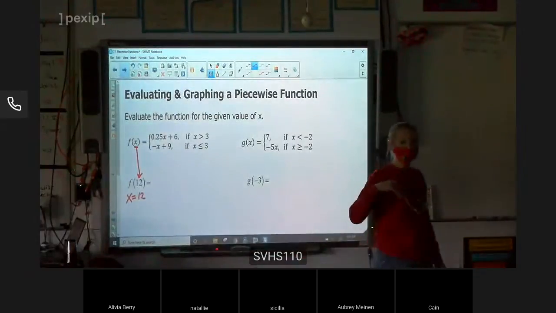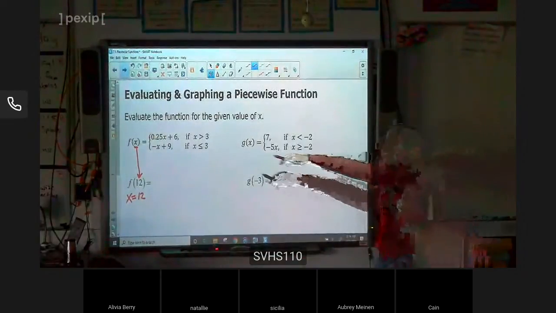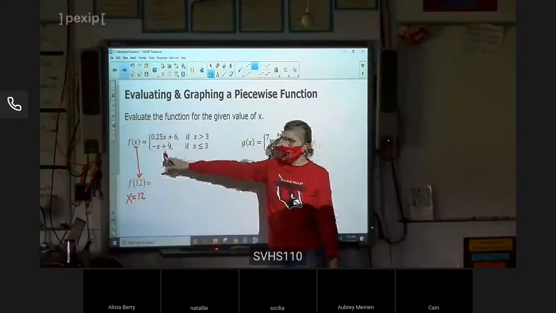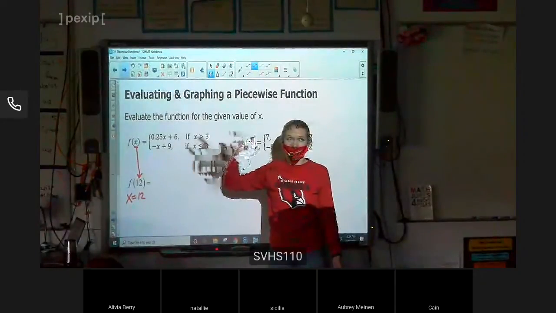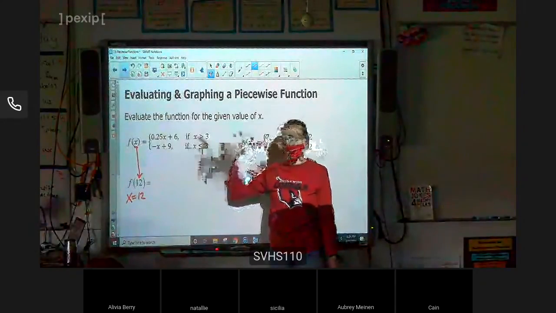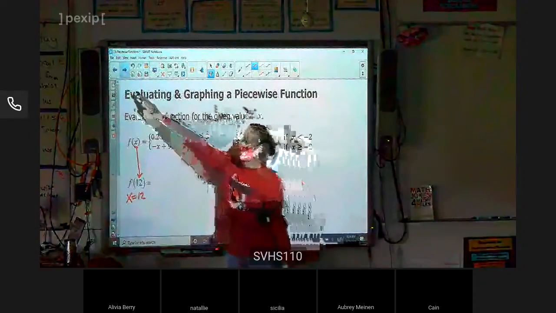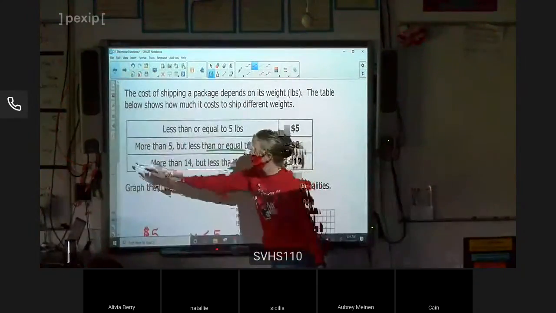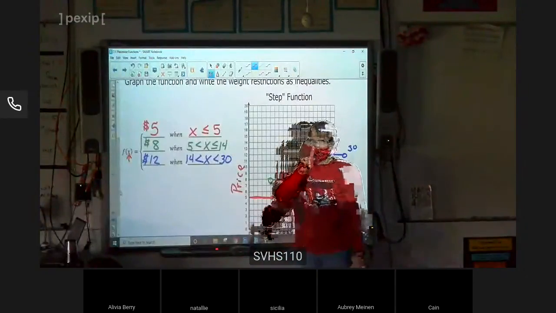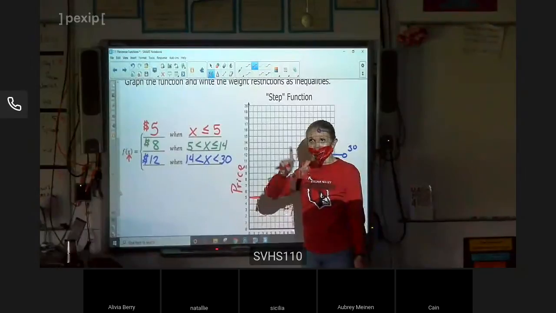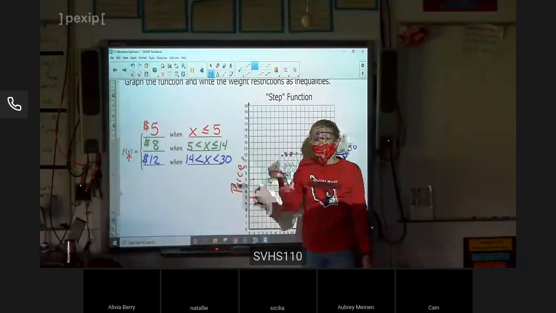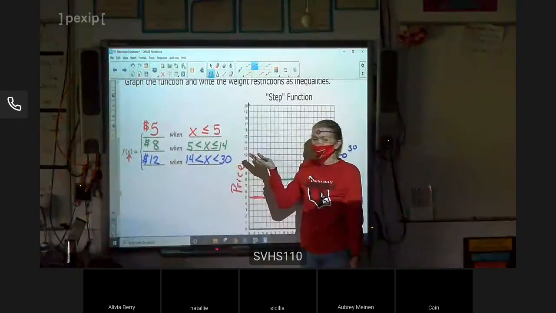Now, do we need to plug it into both equations? Into the 0.25x plus 6 and into the negative x plus 9? No. Okay? Just like this one back here. Did I need to pay $5, $8, and $12 for one package? No, it depends on the weight of the package. So if it was a 10-pound package, how much are you going to pay?